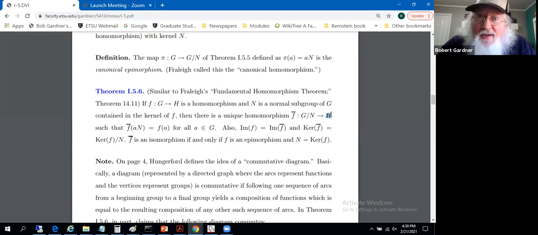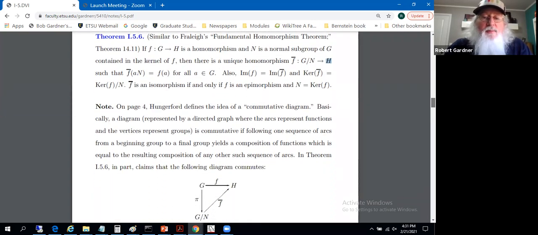Well, F bar is onto its image. So if we replace H with the image of F, and we take N to be the kernel of F, then we've got an isomorphism. That's part of the claim that we have from theorem 1.5.6.